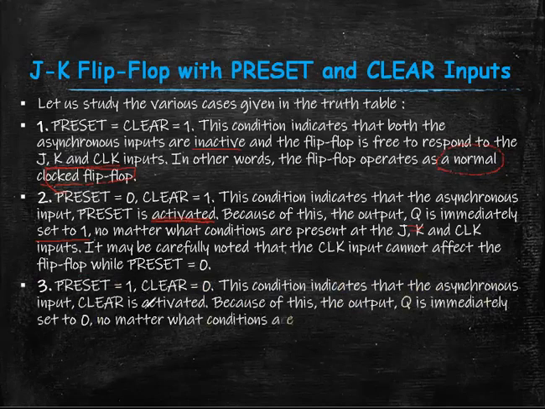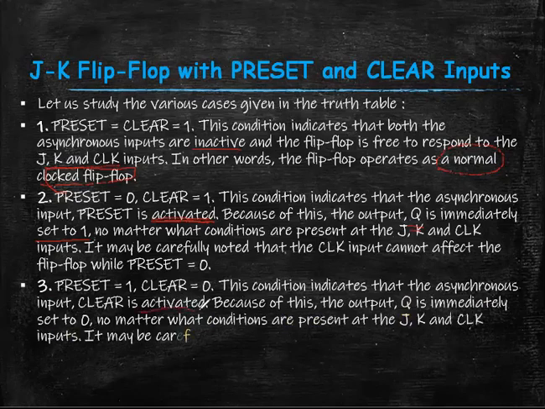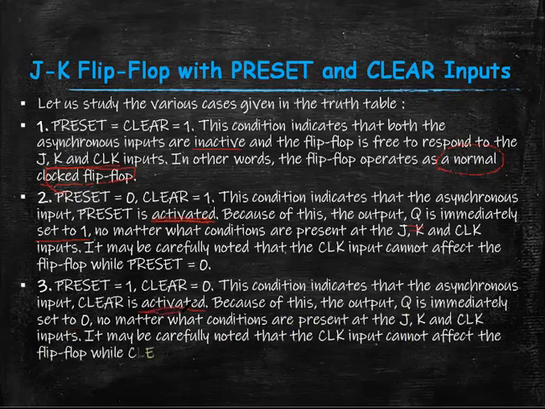And the next case, preset is equal to 1 and clear is equal to 0. Clear equal to 0 means clear is activated. Then as the clear is activated, Q is immediately set to 0, no matter what the condition present at J, K and clock.